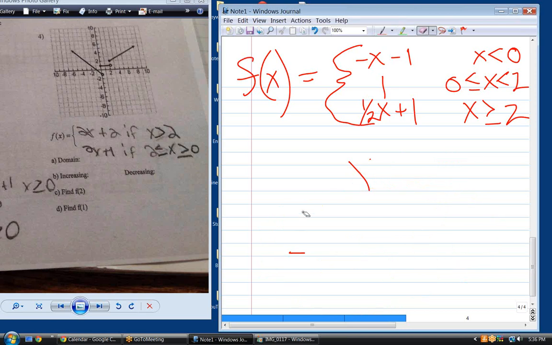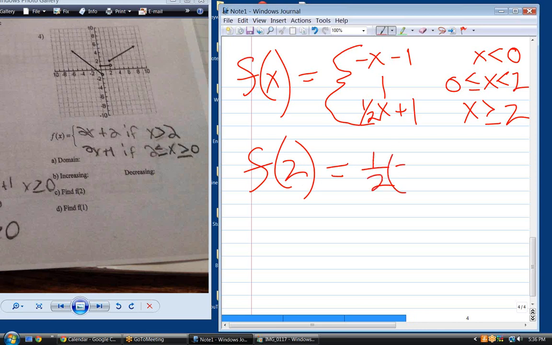Okay. f of 2. Which function are we going to use to evaluate f of 2? Top, middle, or bottom? Bottom. Okay, what is f of 2? It's 1/2.